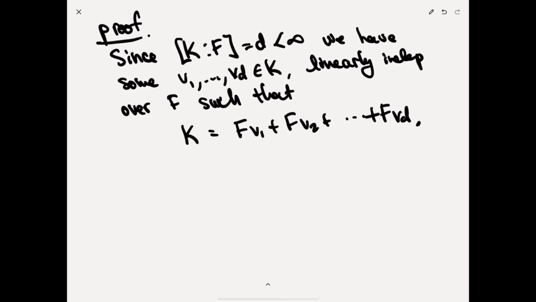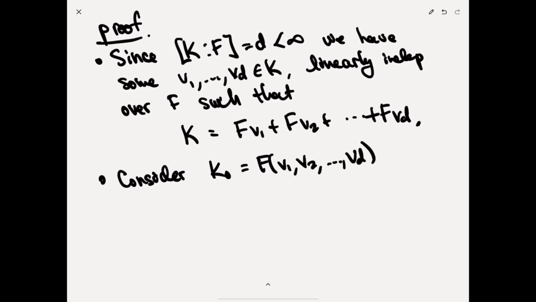Now let's consider K naught, which is F adjoin v1 through vd, where we allow ourselves multiplications between all these things, not just sums. This thing is a field, and it is contained in K. We just take all the linear combinations of these, so we have some intermediate field, and it's clearly contained in K. Conversely, the other direction is easy.